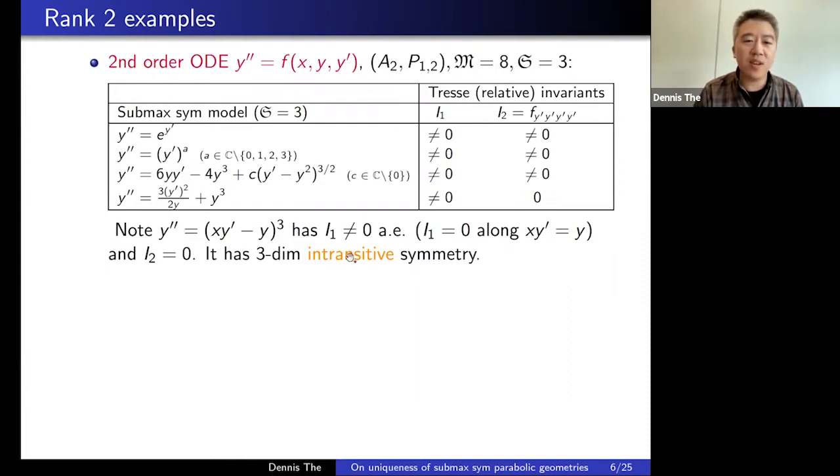If you look at its symmetry algebra, which is 3-dimensional, it's just SL2, and it has intransitive symmetry. So locally, this model at a point along this singular hypersurface is not going to be locally equivalent to the same model at a point off of this hypersurface. Off of the singular hypersurface, it's going to be equivalent to this projective model given right here.